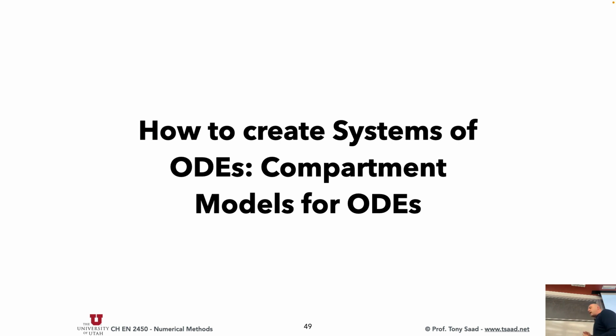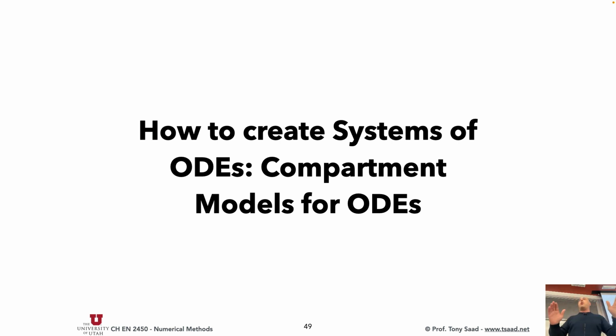So this is one strategy to think about ODEs, and it's called the compartment model for ordinary differential equations. So let's see how this works, and then we'll apply it to model a pandemic, and then we'll learn how to solve a system of ODEs using ODEint. Okay?